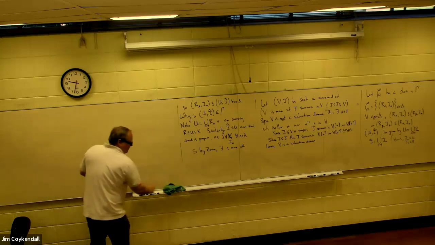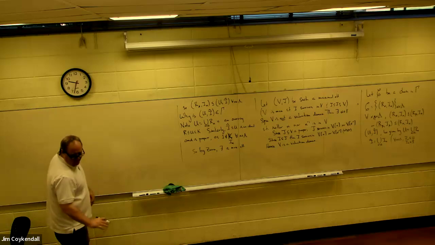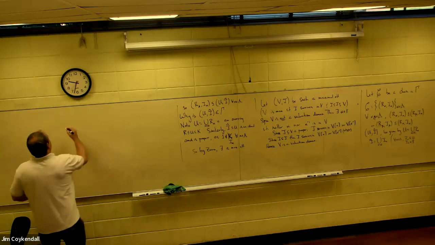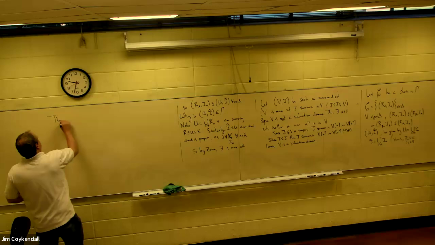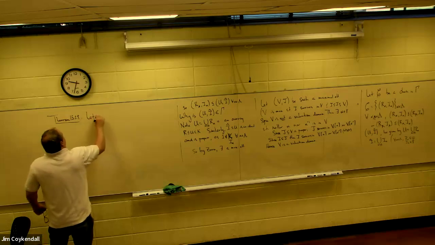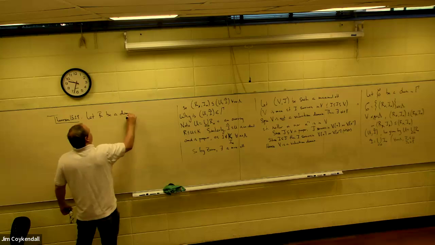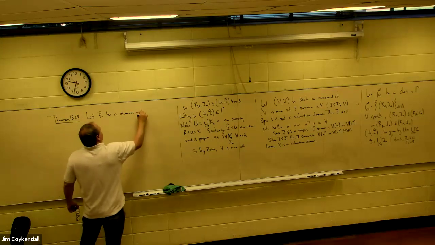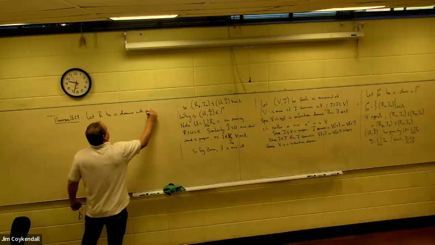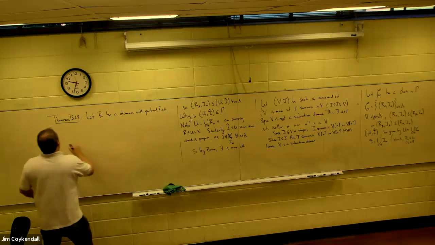I should throw a date on this thing. Theorem 1529. What are the domains with quotient field K?